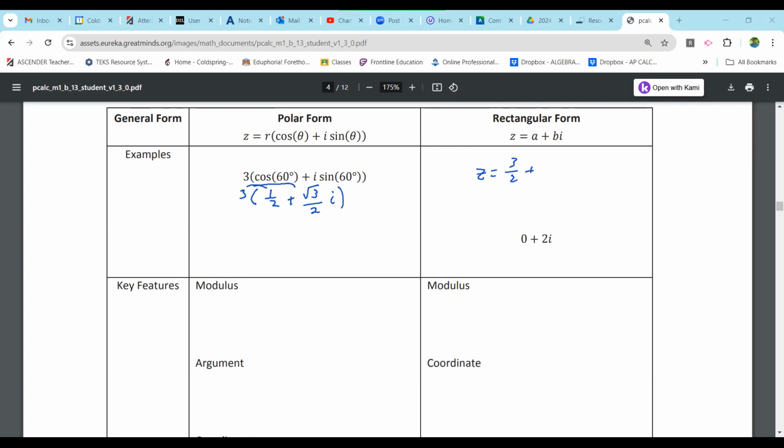Plus, if I multiply 3 times square root of 3 over 2, what does that give me? That's not how we multiply fractions.